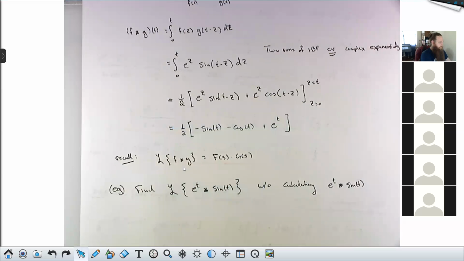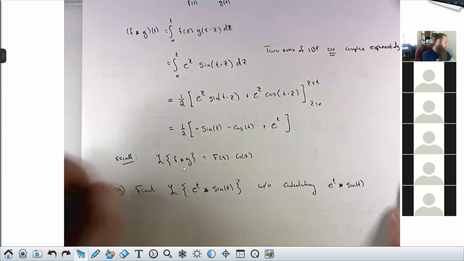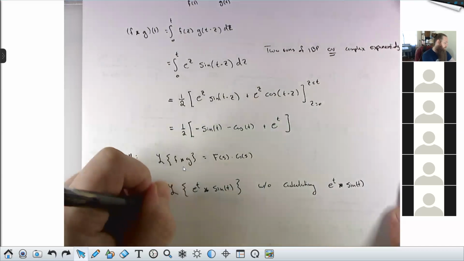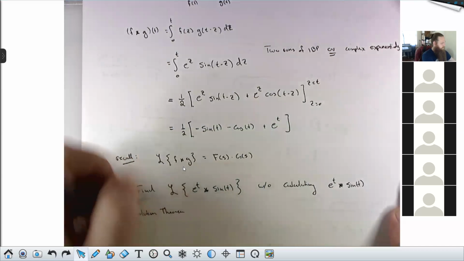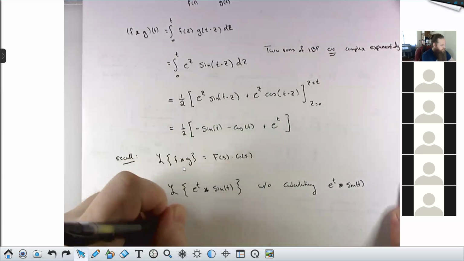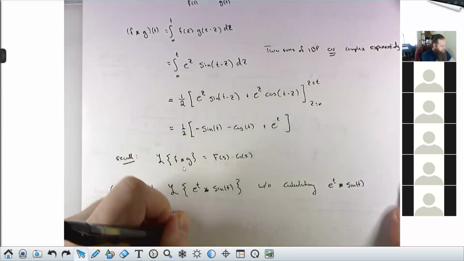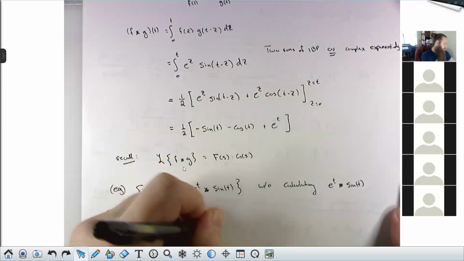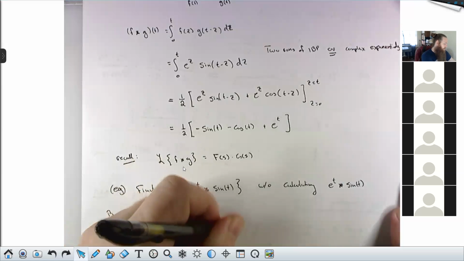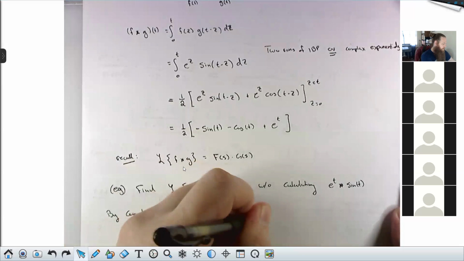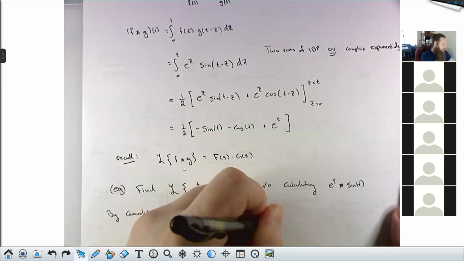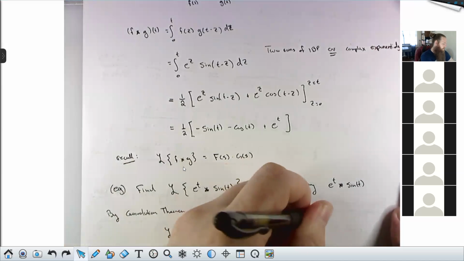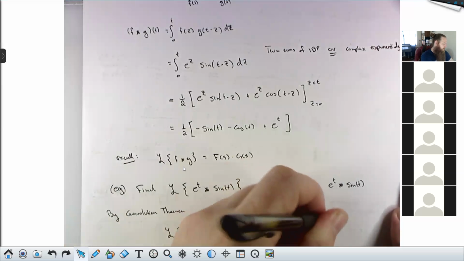Or I could use the theorem. By the convolution theorem, the Laplace transform of e to the t starred with sine t is the product of the Laplace transform of e to the t with the Laplace transform of sine t.